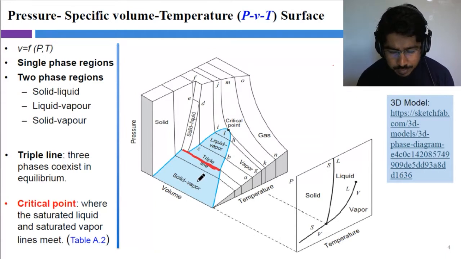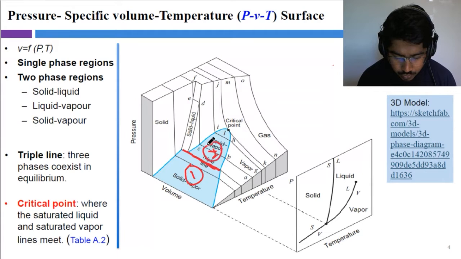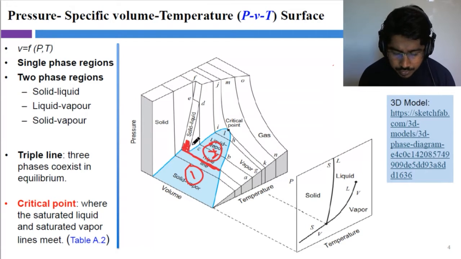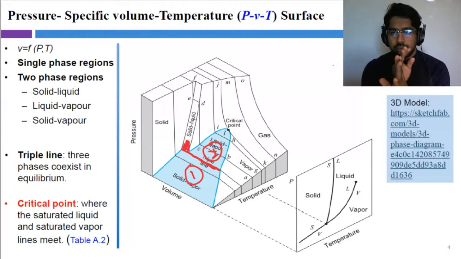If you look above and below the triple line, on this side, let's say side 1, we have solid and vapor, and on side 2, we have liquid and vapor. And when we go to the end of the triple line, like here, we have solid and liquid, right? So at any given point on this triple line, we have solid, liquid, and vapor in equilibrium, because the boundaries contain solid, liquid, and vapor.